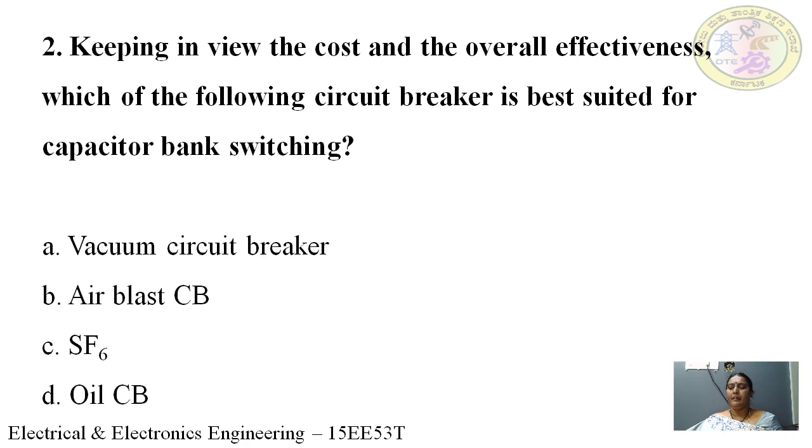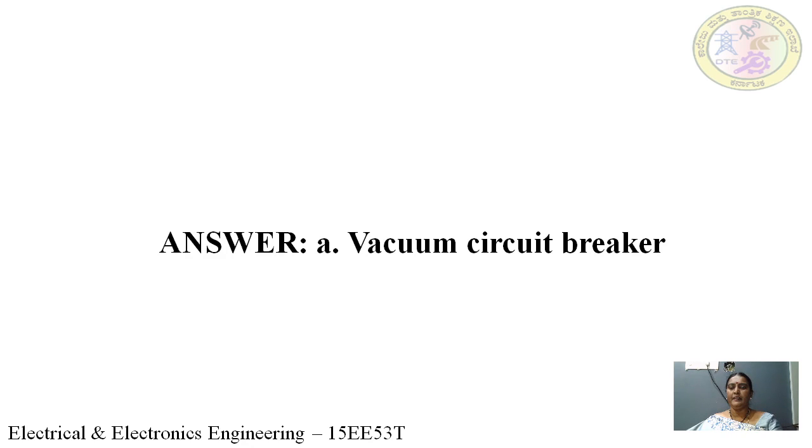The multiple answers are vacuum circuit breaker, air blast circuit breaker, SF6 circuit breaker and oil circuit breaker. Here, for capacitor bank switching, the best suited circuit breaker is a vacuum circuit breaker.